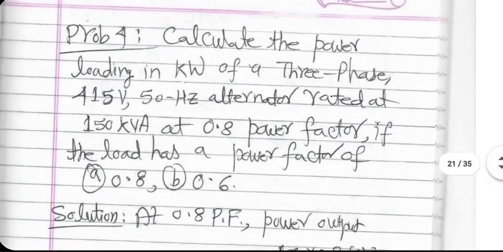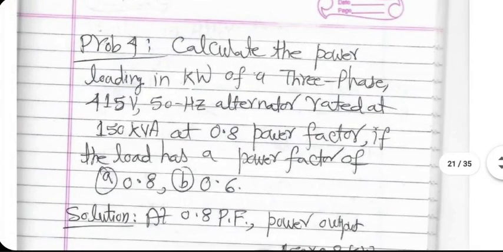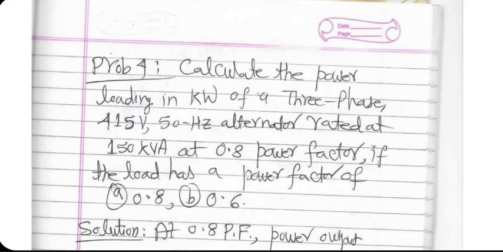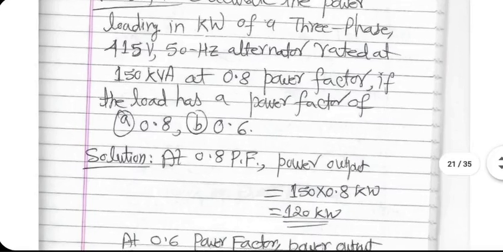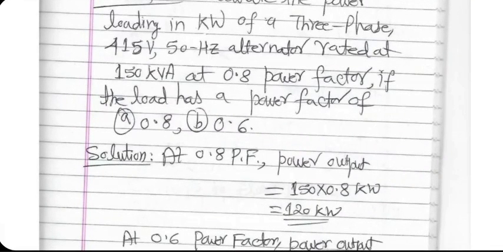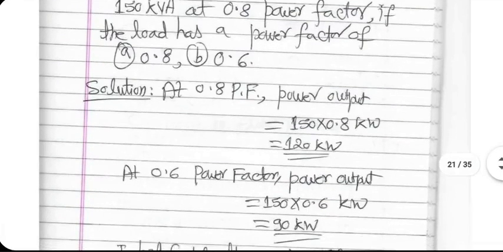If load power factor is 0.8 and they are not telling you whether it's lagging or leading, it's probably not important for this calculation. Then the real power drawn will be 150 kVA multiplied by 0.8. That will be kilowatts, of course. So 120 kilowatt will be drawn. And the voltage is given as 415 volt, right?